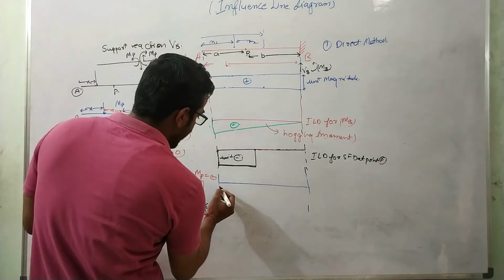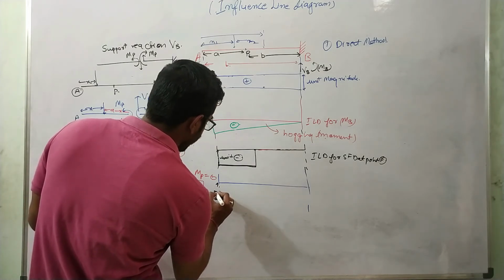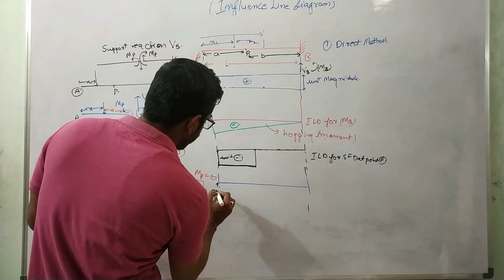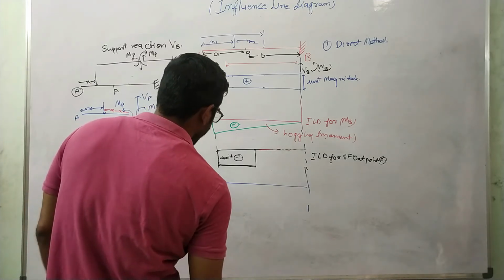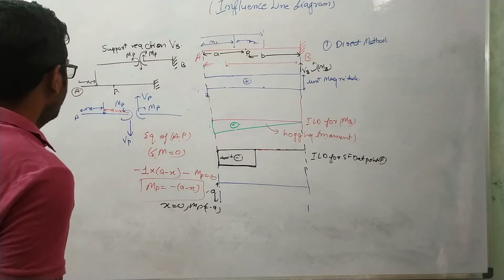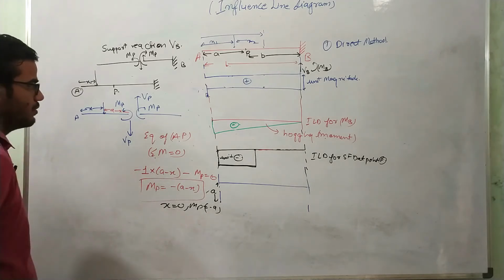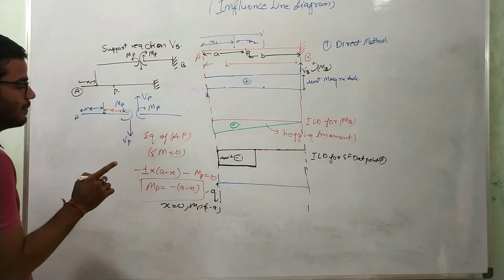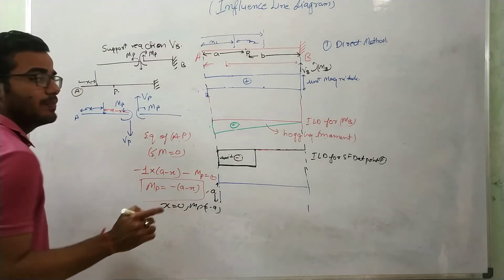Okay, so I can write over here, MP is nothing but the coordinate is in negative direction. MP is equals to minus a. Okay. So the value will be a value which is negative, right? So the meaning of which is that this MP will be hogging in nature. Okay, this MP we have assumed that it is sagging, but it is not the case. Okay, negative value so that the moment generated in the beam will be hogging.